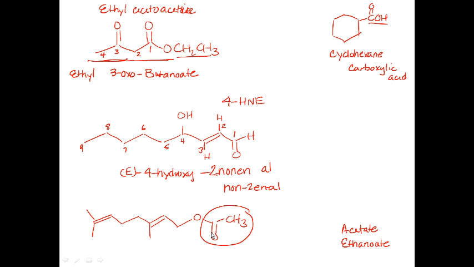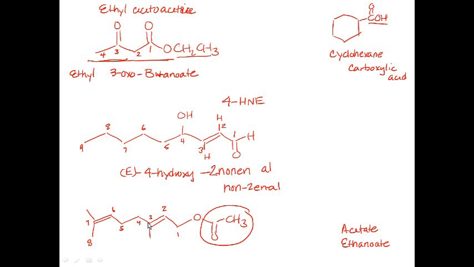The real question would be then, what would this alcohol be called? So we've got 1, 2, 3, 4, 5, 6, 7. So this is a, let's see, 2, 3, 4, 5, 6, 7, sorry, 8. It's an 8-carbon alcohol.